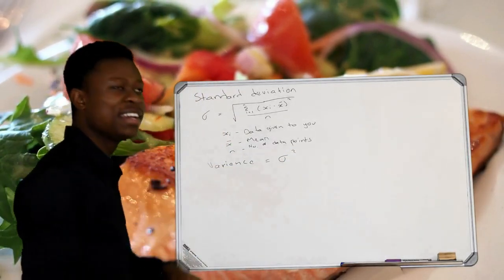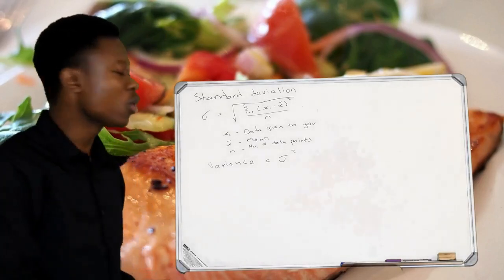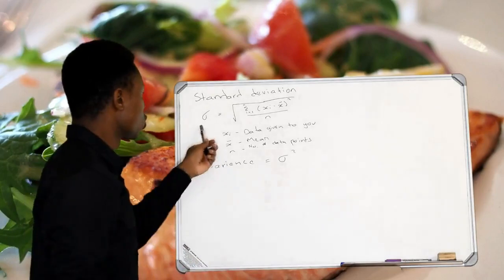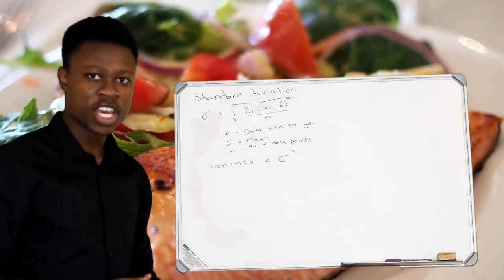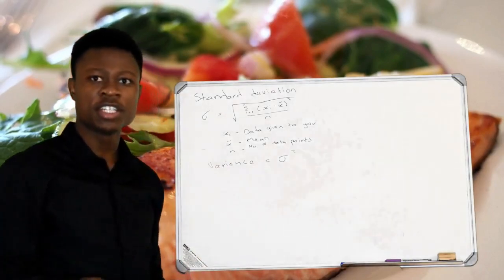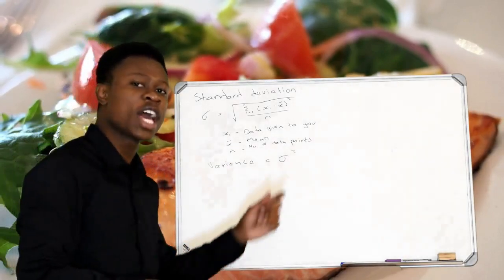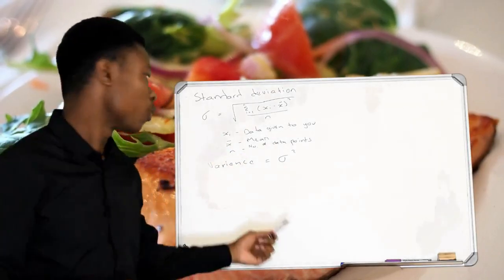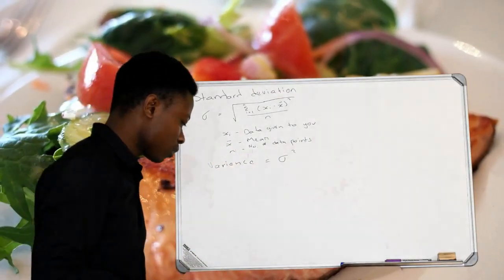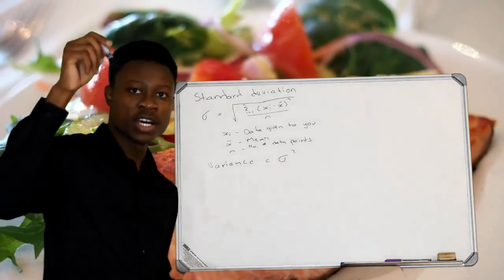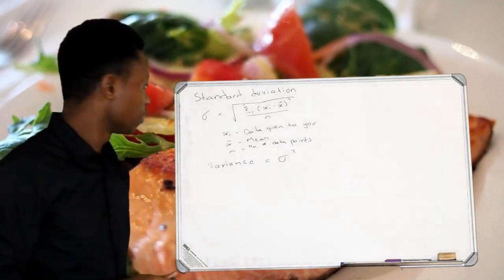You can't find variance on your calculator, because they expect you to know that to find your variance, you just square your standard deviation. If they don't ask you for standard deviation, they'll just ask you for variance. It means that you have to calculate the standard deviation and then you can calculate your variance, right? So again, you can use your calculator.